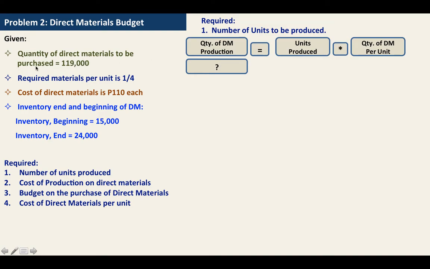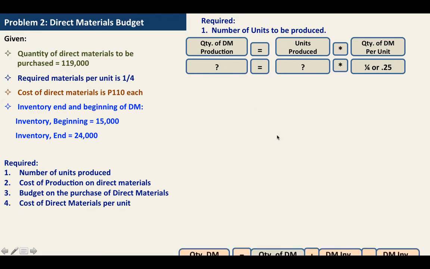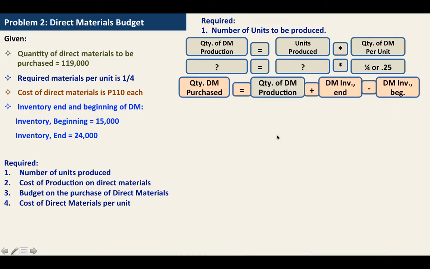Here, this is the purchase, so it's not in production. We don't know. This is what we are looking at times the quantity of direct materials per unit. Here it is given. It is 1/4 or 0.25. With two unknowns, we cannot use this. So we have to expand the formula.